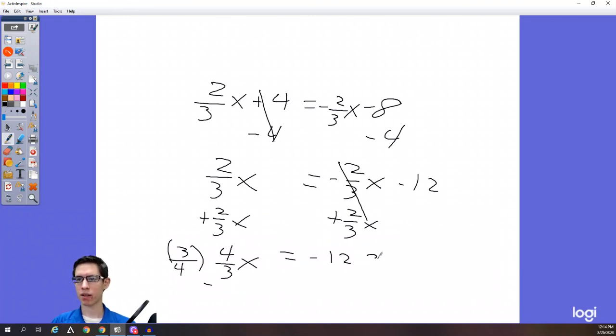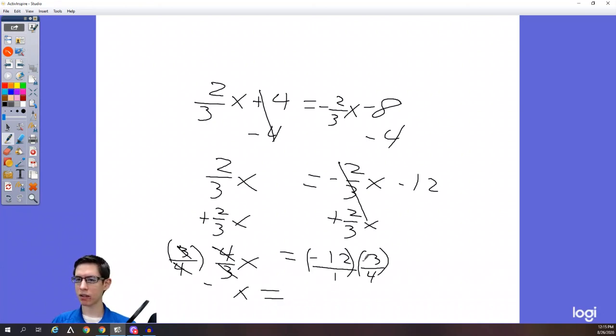Flip it on its head. Okay? And the nice thing about that is that when we look diagonally, if there's a 3 on top and a 3 on bottom, those cancel. A 4 on top and a 4 on bottom, those cancel. We're left with just x on the left.